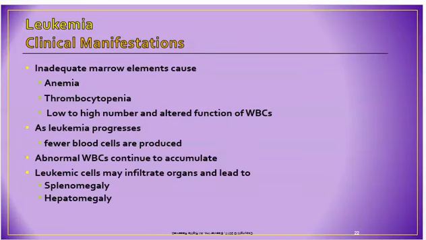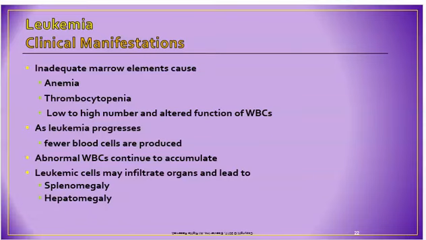Okay, so what happens? Inadequate marrow elements cause anemia. How would we know it? Yep, take a look at the CBC. Do you remember your normal values? Thrombocytopenia. Yep, there we go again, the CBC. But we're looking at the white blood cell indices, the composition of the white blood cells. What are they made of?